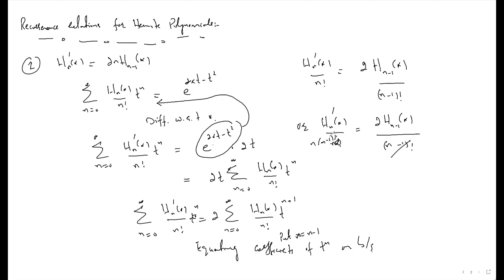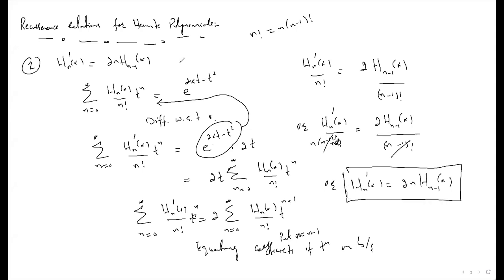Now this n minus 1 factorial, because you know that n factorial is equal to n into n minus 1 factorial, so the n factorial and n minus 1 factorial cancel, and this h n prime of x will be equal to twice n h n minus 1 of x, and this is the relation which we were supposed to prove.